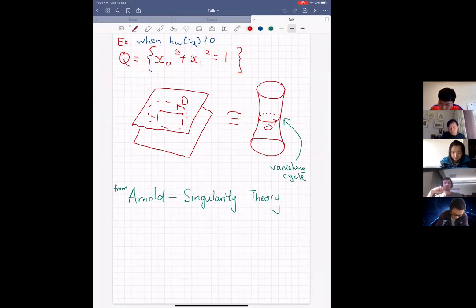Say you have x0 squared plus x1 squared equals t for some t, where the variables are in C. This is equivalent to a Riemann surface, which you view as a double branch at minus square root t and square root t.